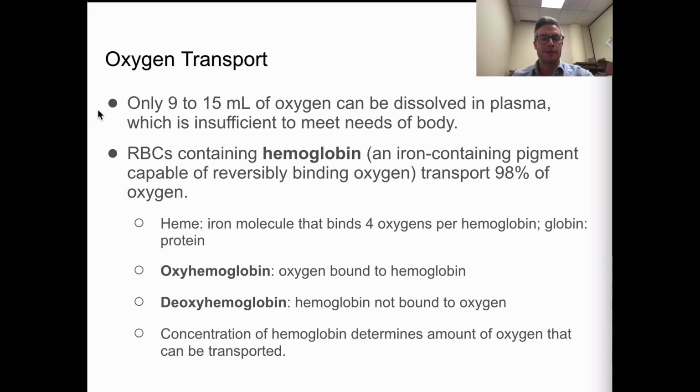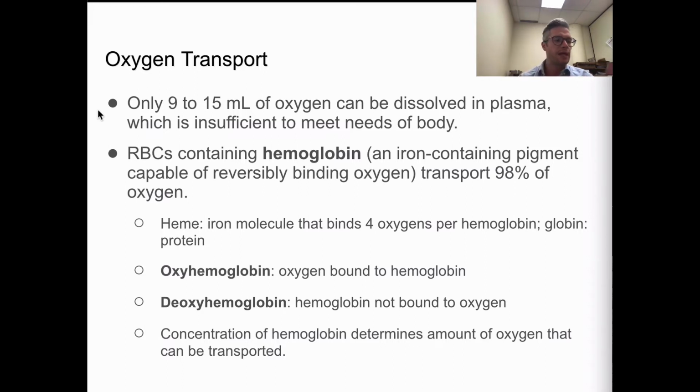Shockingly, there's only about 9 to 15 milliliters of oxygen that is carried, or dissolved, in our plasma, and that in and of itself is not sufficient to meet all the energy demands of our body. So what does our body do?